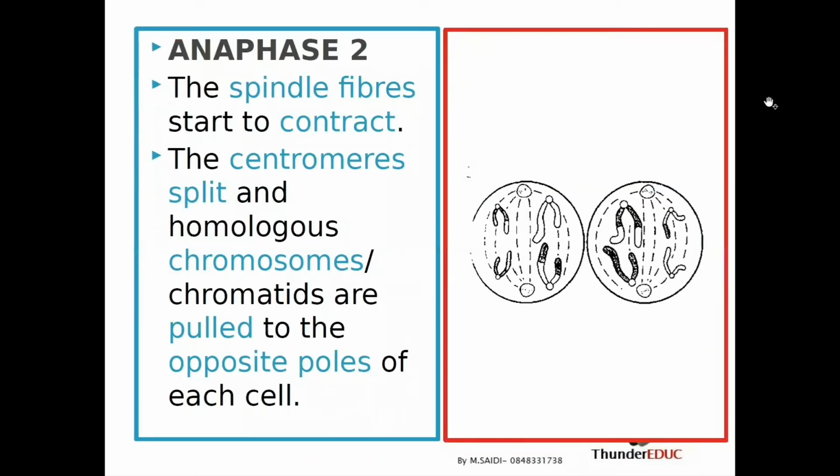And then we're having anaphase, whereby the spindle fibers start to contract. That is now anaphase 2, they move away. But what we need to take note of is that in anaphase 1, the whole chromosome moves, but here the chromosome is split apart.